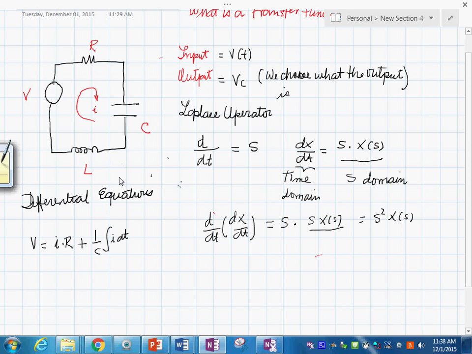That's what the voltage V sub C is. And then you have plus L times di dt.